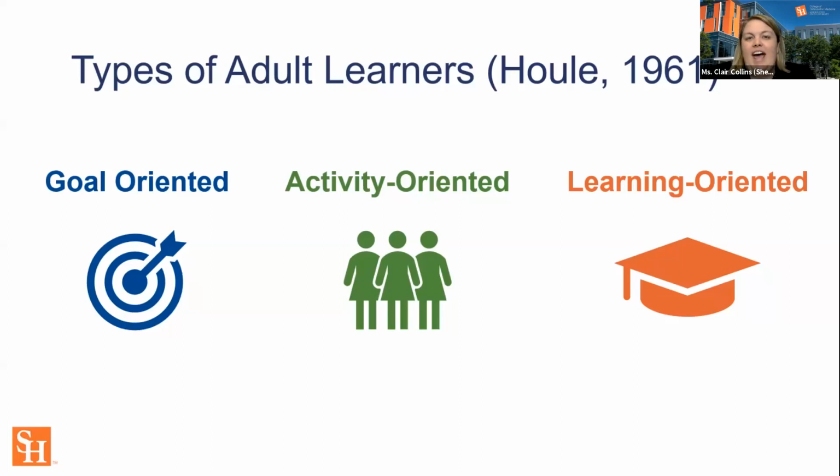Because what happens when you don't have someone to compete with? What happens when you don't have a student support structure to fall back on? What you tend to see in those students who are activity-oriented learners is that they don't have a lot of inherent internal motivation. And so they tend to stagnate a little bit.